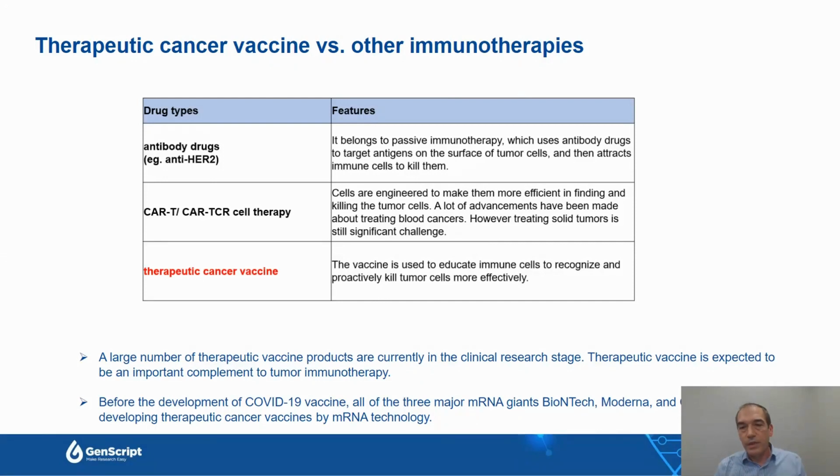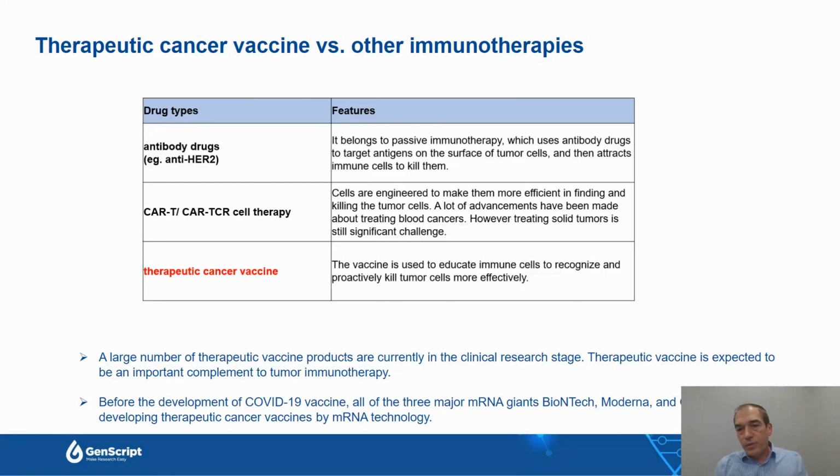Cell therapies typically use engineered cells that are more efficient at killing. For example, T cells and NK cells are engineered to become better at finding the tumor cells and killing them effectively. And then therapeutic vaccines are typically used to educate the immune system to recognize and proactively kill tumor cells, and more effectively find them and kill them.